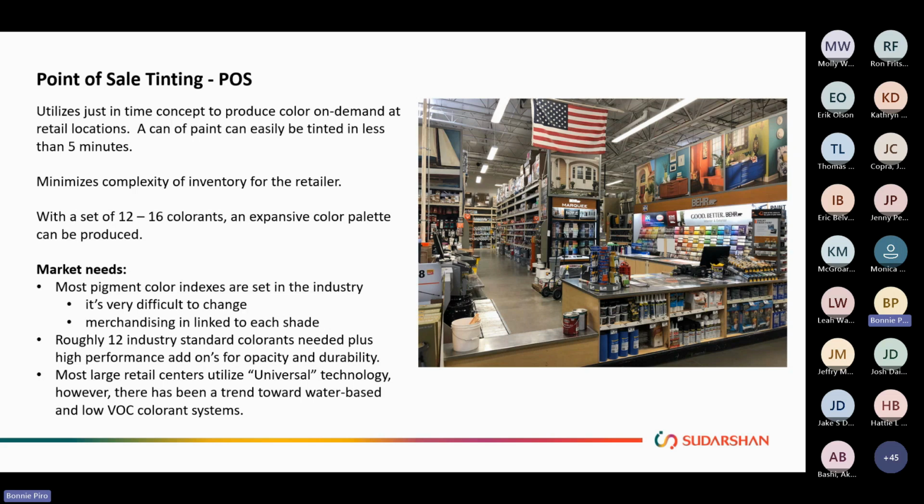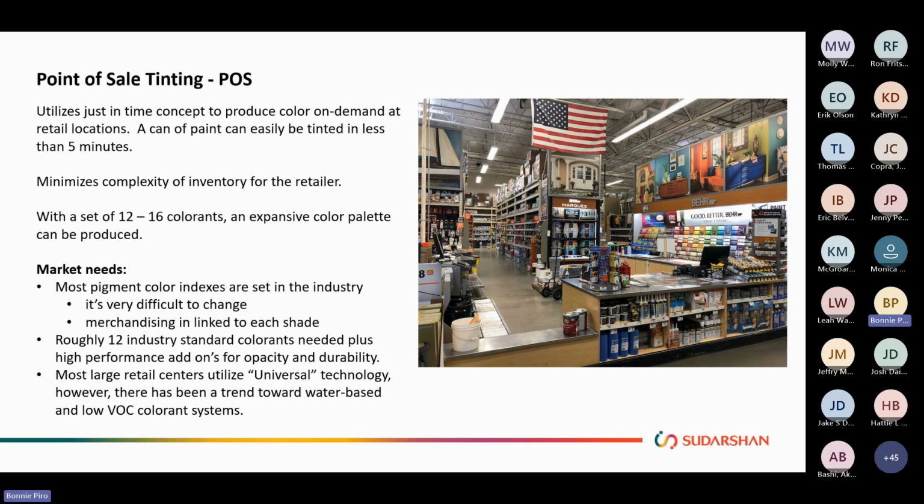A lot of the market needs are fixed. These types of color indexes are more or less set as far as industry standards, so it can be difficult to make those changes.